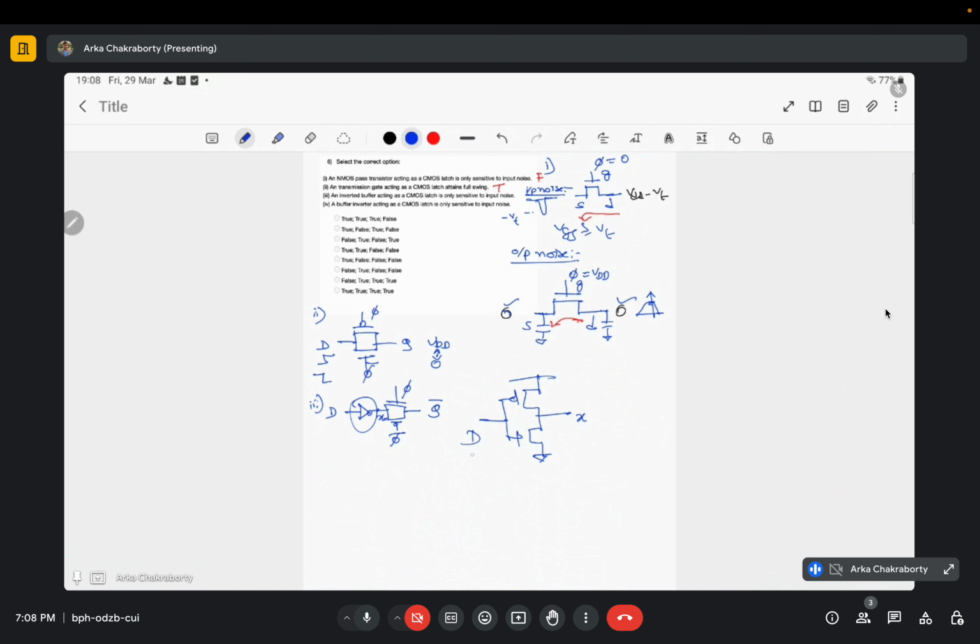Now if in X I get a noise of around minus Vt, that was the problem in the previous case, you will see that my VGS here becomes minus Vt minus 0, which is around minus Vt. So my NMOS will still be in off condition.